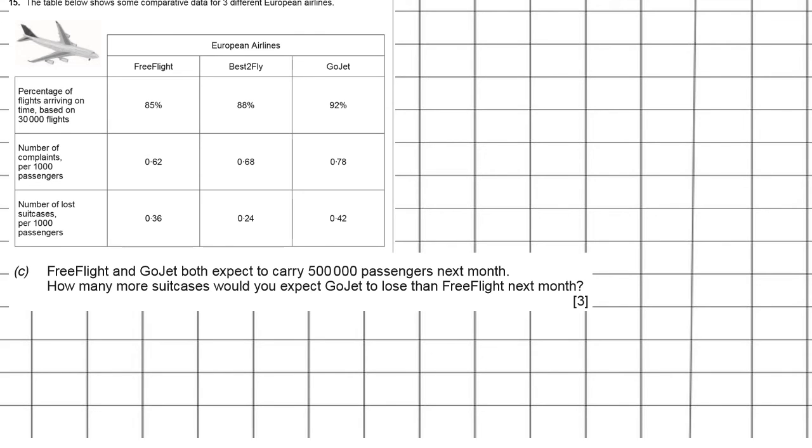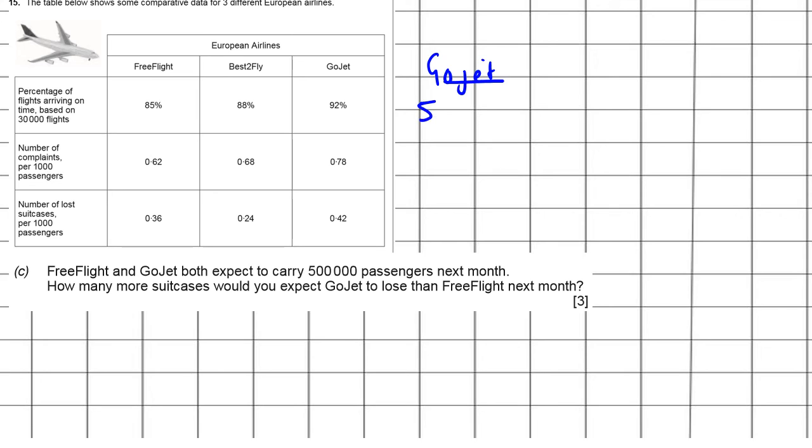Okay, C. Free Flight and GoJet both expect to carry 500,000 passengers next month. How many more suitcases would you expect GoJet to lose than Free Flight next month? Let's start with GoJet. GoJet loses 0.42 per 1,000.